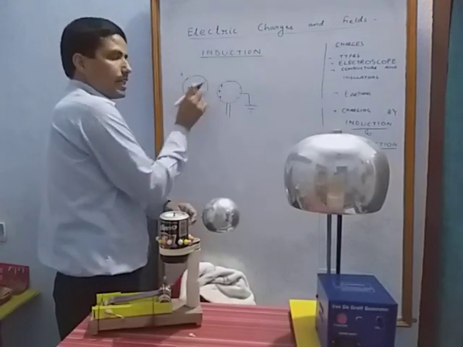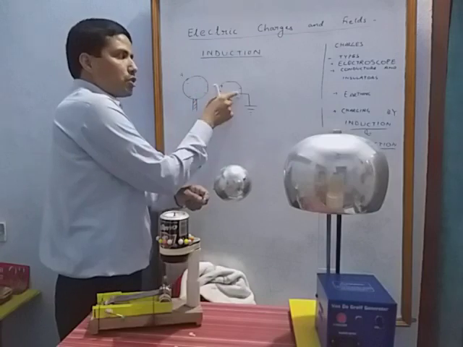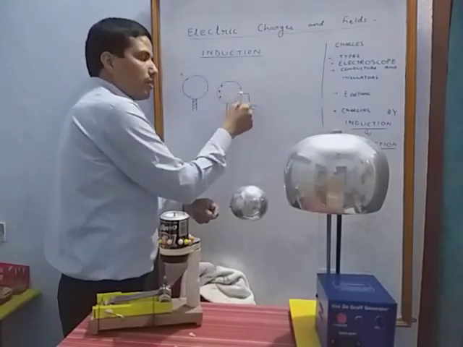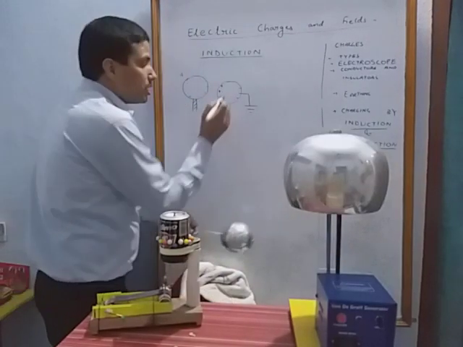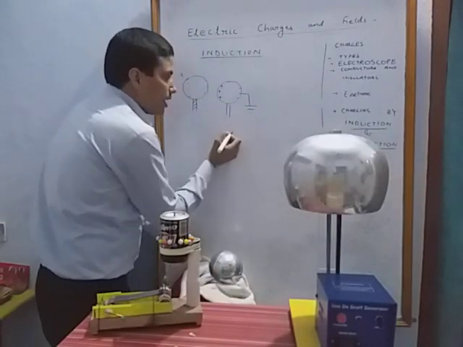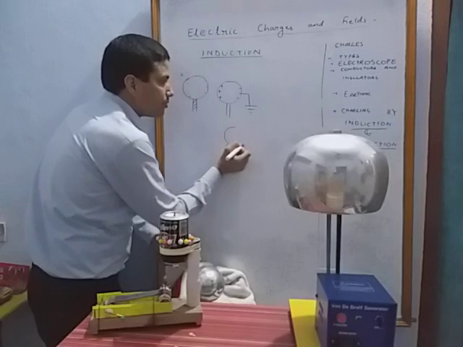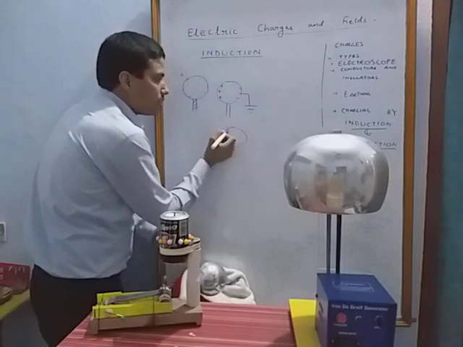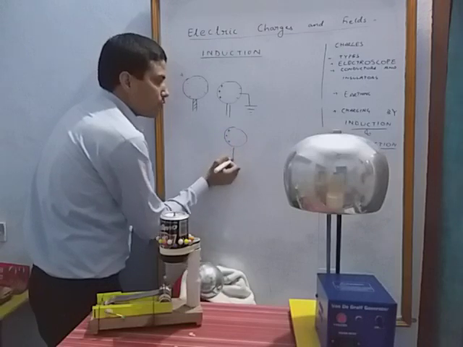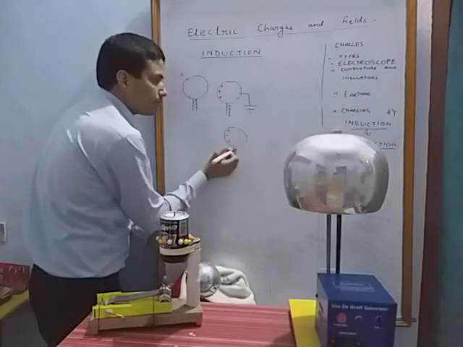Without contact, there is a gap between them. It develops opposite polarities. The other end I will discharge, so it will lose the charges. So we will have a situation like this. These charges will flow down to the earth. So here we will have positive charge. This is insulator.